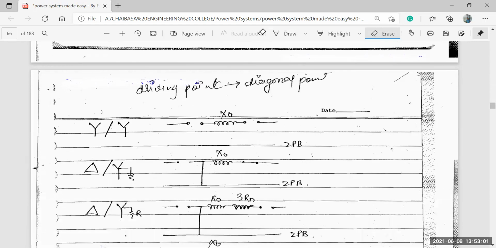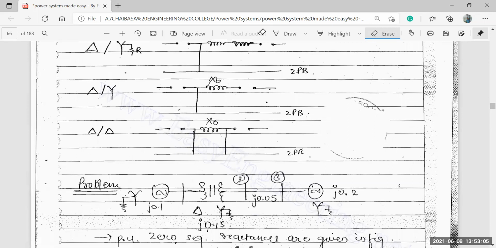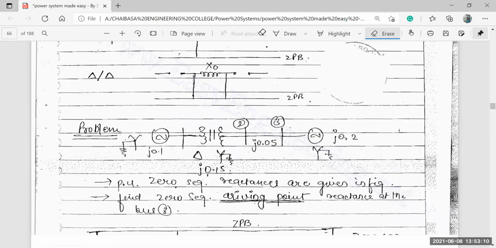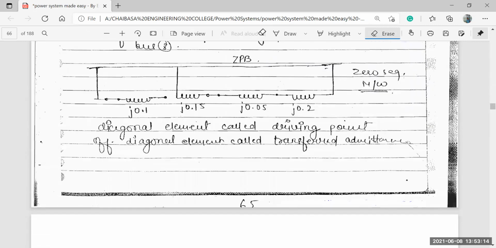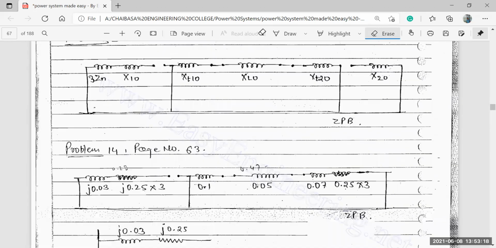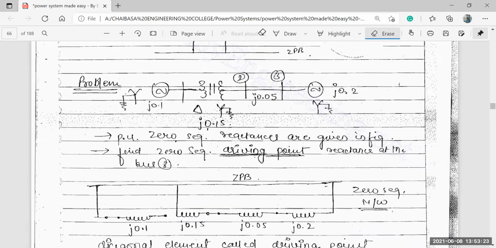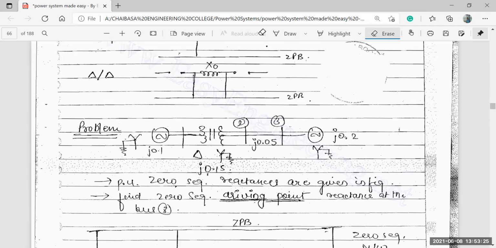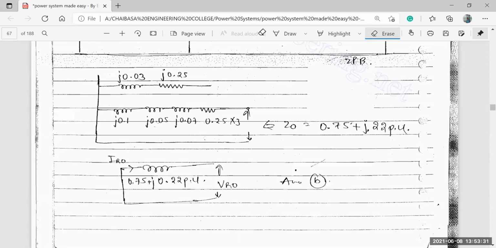These are the connections we generally see. I will solve problems tomorrow, and see how it is done and what sequence terminology we would assign to these kinds of questions. That will be very helpful.